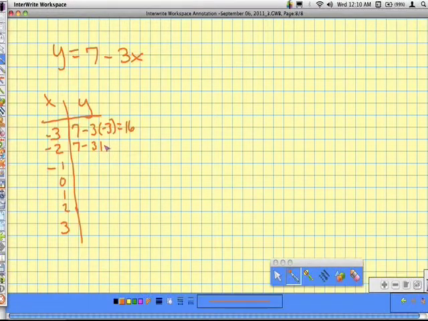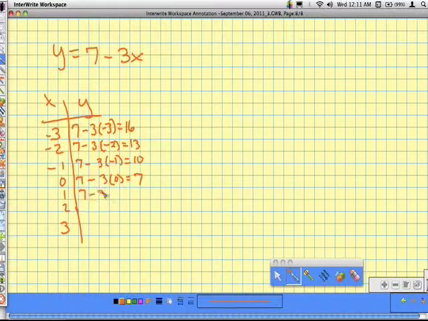If we simplify that, we get 13. And just continue on substitution and simplification. So this is going to give us 10. If we plug 0 in, we just get 7. Plug 1 in, we get 4.